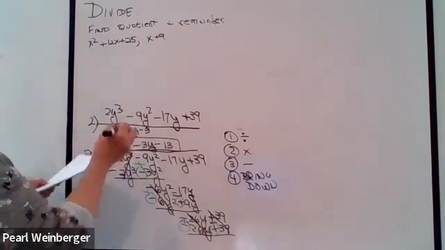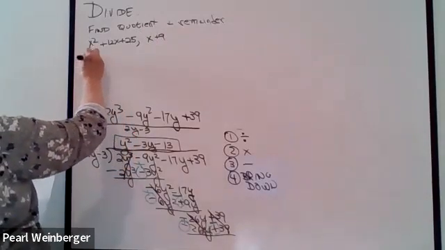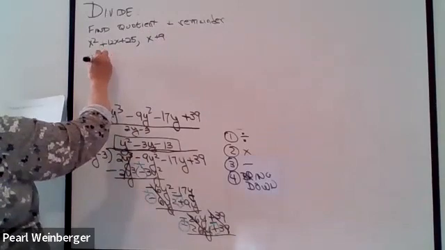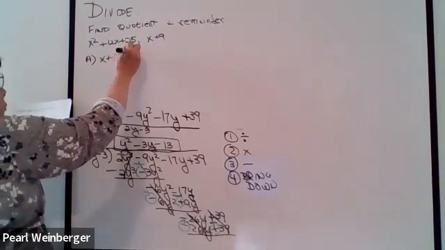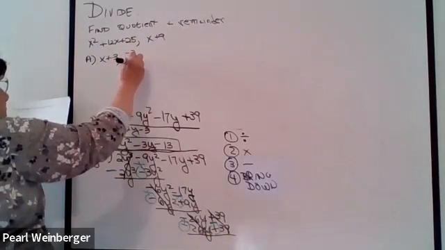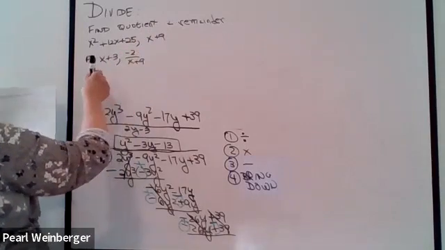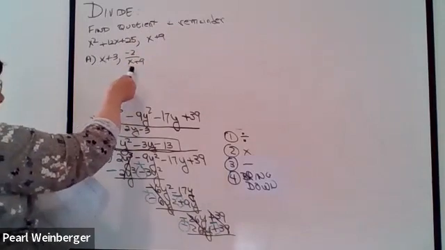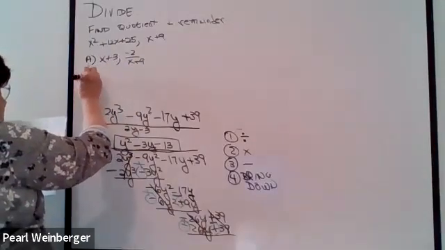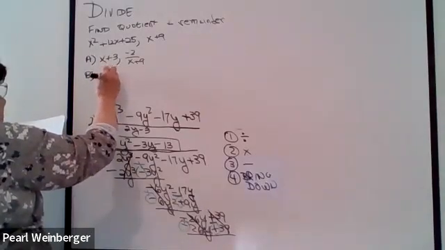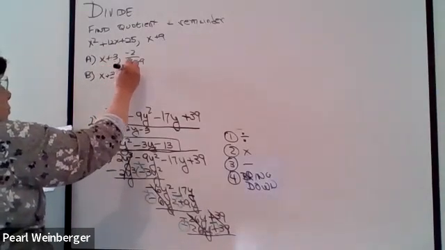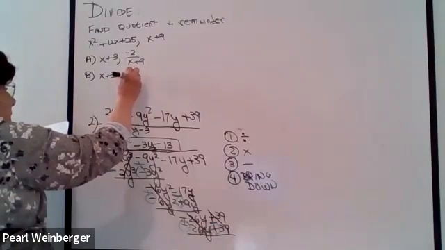And here are your choices. A, x plus 3, comma, negative 2 over x plus 9. Remember, the first is going to be the quotient, the second is going to be the remainder. B is x plus 3 and 1 over x plus 9.